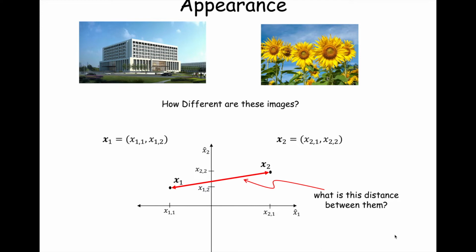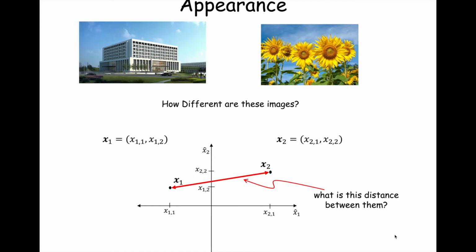So if you want to know how different or similar the building and the sunflowers images are, it's just a question of what the vector distance is between the two points, x1 and x2, in feature space representation for the image of the building and the image of the sunflower.